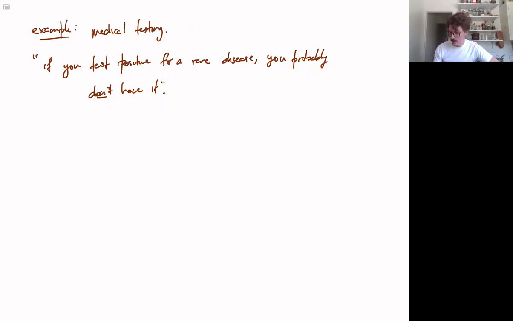So let's say, suppose we have a disease which is fairly rare. So let's say it occurs in 0.1% of the population.